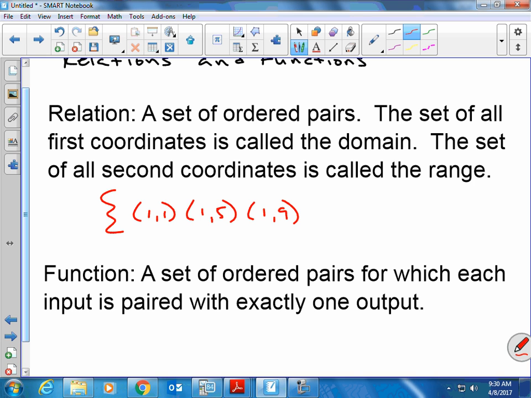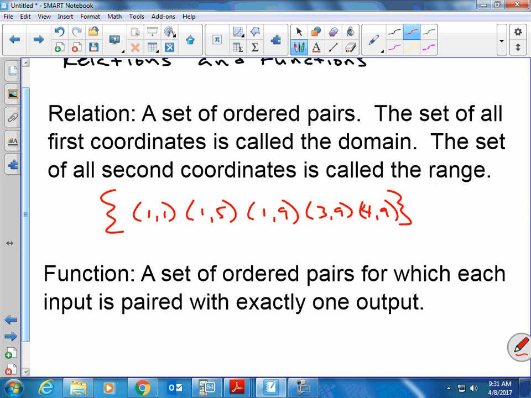The x values can repeat. The y values could repeat. I could have (3, 9) and (4, 9). There are no limitations on what these ordered pairs need to look like. It is simply a set of ordered pairs.